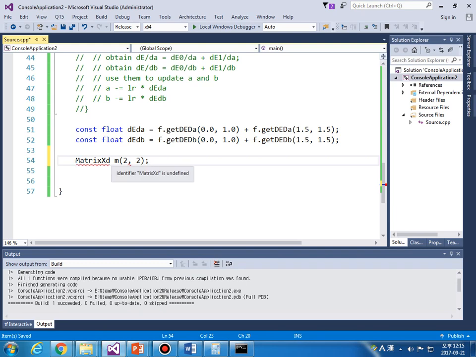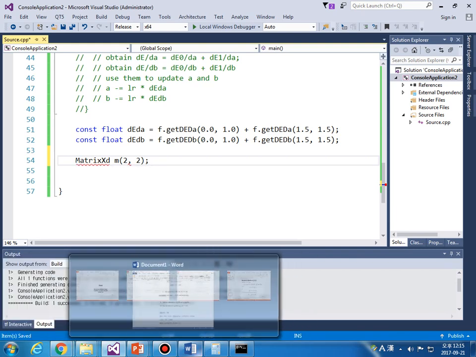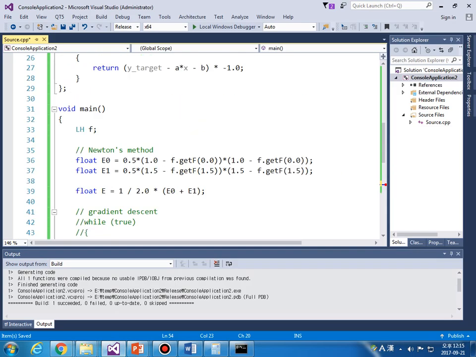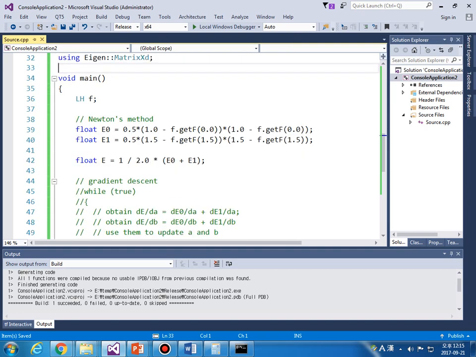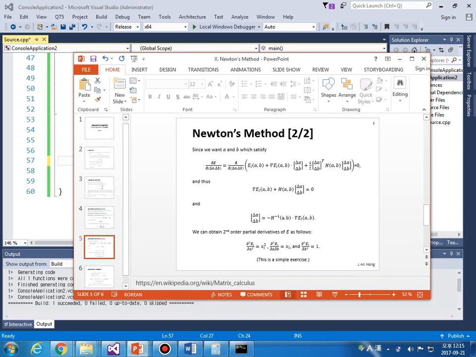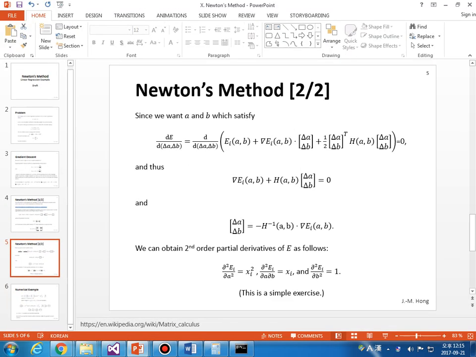Should we need a namespace, using Eigen X. Then grad E matrix, is it a column matrix or a row matrix?